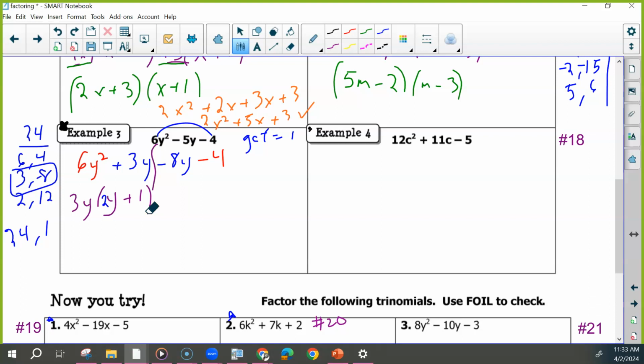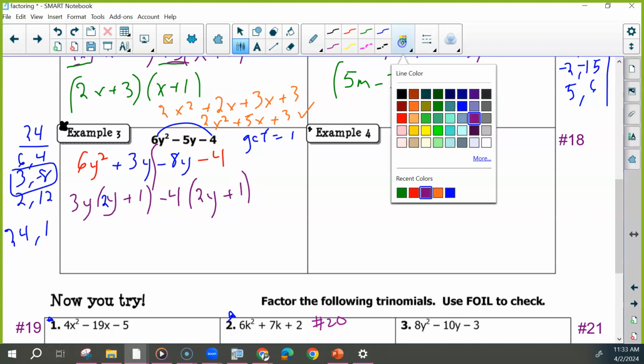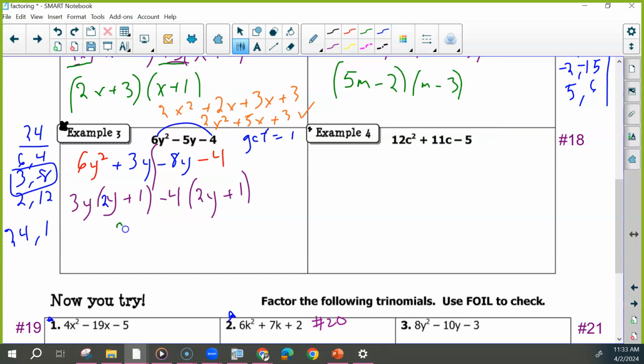But what do we divide out? Negative 4. So then our two factors are 3y minus 4 and then 2y plus 1. Any questions there?